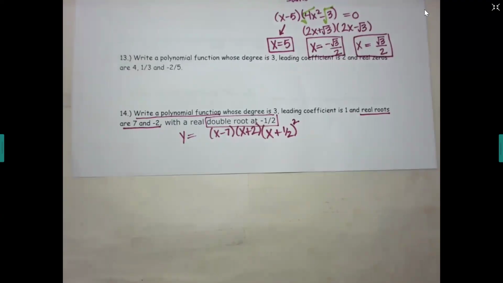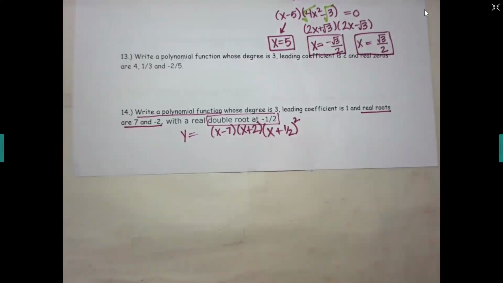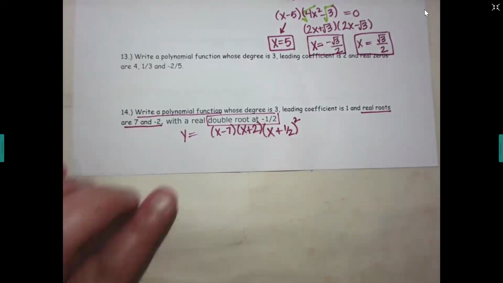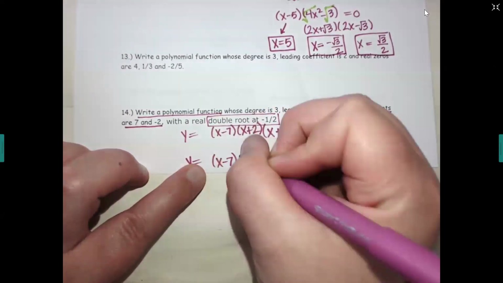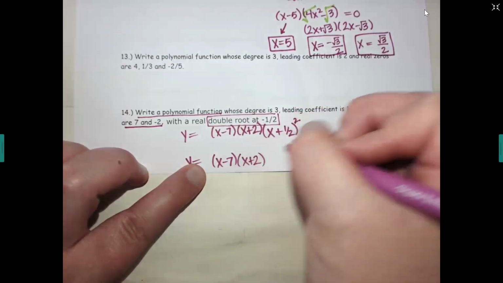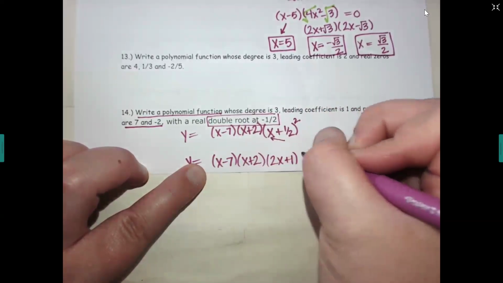Now, you will not see that as an answer choice because we don't want this as a fraction in factored form. So you're going to just slide the 2 to the front. So your final answer would be X minus 7, X plus 2, and then I would slide that 2 to be a 2X plus 1 squared.